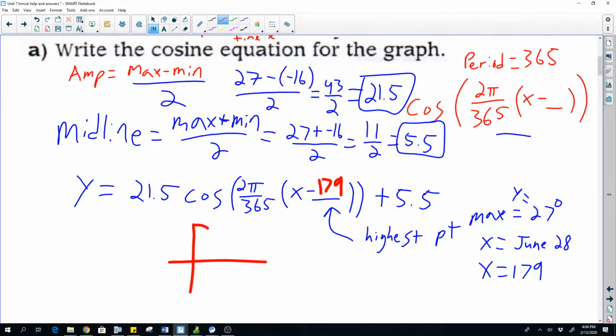If the highest point is 28 degrees, then we want to start off wherever that is. June's kind of in the middle, so maybe it starts here, right? And since it's the highest point, it goes down to the lowest point and back to the highest point. So at 179 days, that's where our cosine graph will start. And that'll create cosine. So we want to shift over to 179, so we're at our highest temperature, and that's what we want to do for cosine. Cool.